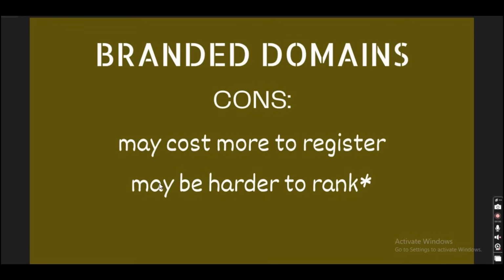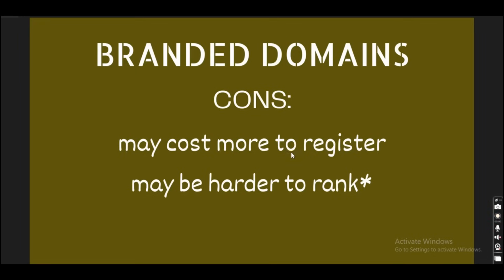It's not that you will not rank, but it may take you longer, compared to a website that is named best paint, best paint brushes, or best paint, those kinds of things. Those websites, you can see from the name that there is already paint there, so it's easier for Google to identify the site and rank it.